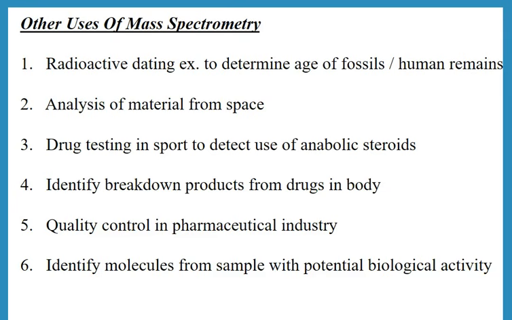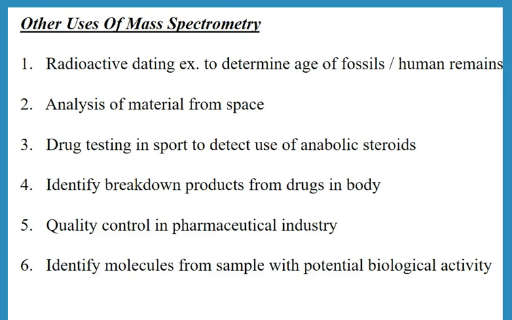The most common use in our everyday life is it is used for drug testing in sports. Remember that in sports it is prohibited to use anabolic steroids. So usually in many of the competitions they test the athletes for anabolic steroids, and this can be done by mass spectrometry. We could also use it to identify drugs in the body.